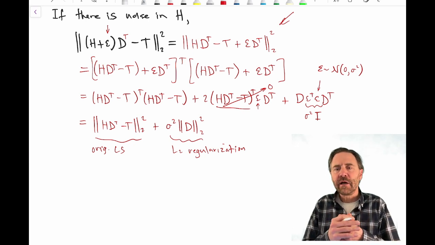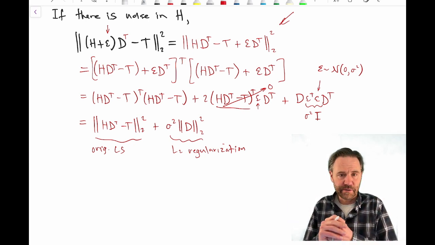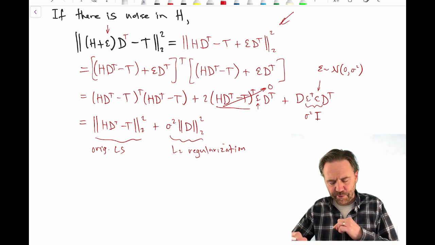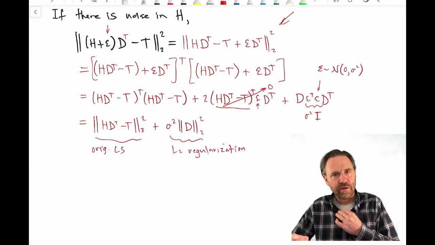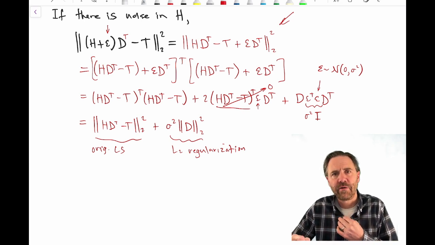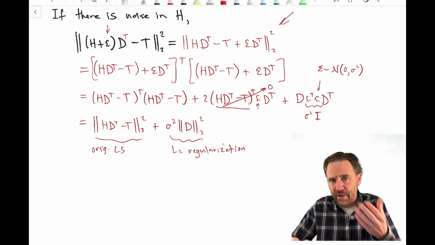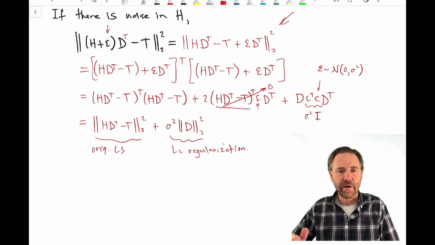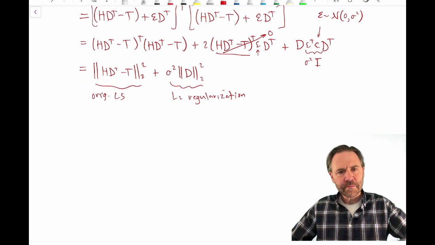This is a regularization method that stops you from being able to fit too much noise. And you can put a weight on that term, and the weight you choose is what you think the variance of the error in your hidden node activities is. But really, you can just put anything there, and it'll help regularize your solution.